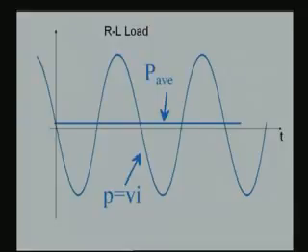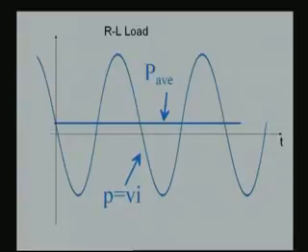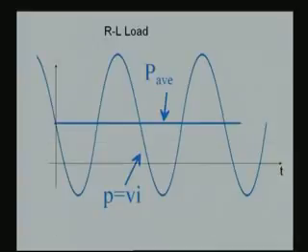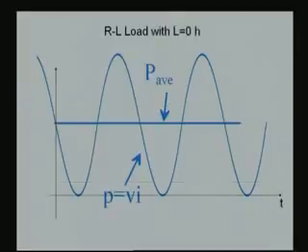Further, you increase the R, you will see that the average power gradually starts shifting up. On further increasing the R, the average power keeps on shifting up till it reaches the L equal to 0 value, something like your pure resistive load.